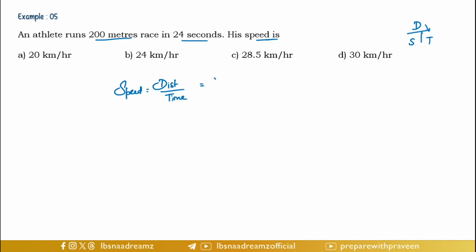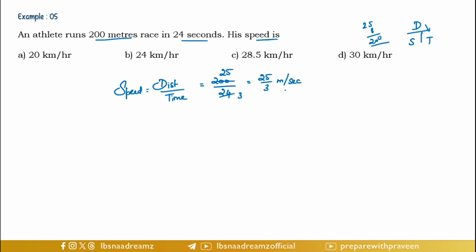Apply the value 200, time 24. So 3 8s are 24. 25 8s are 200. Okay. So 25 8s are 200. 25 by 3 meter per second.